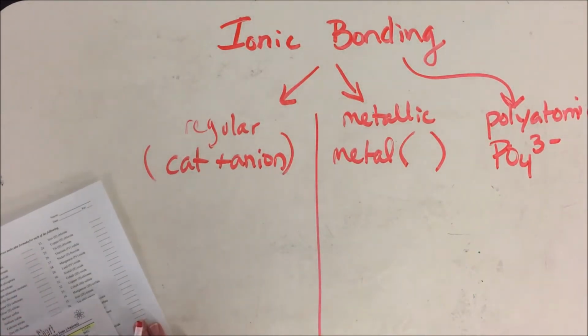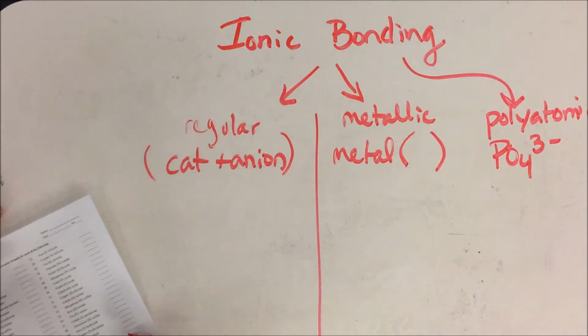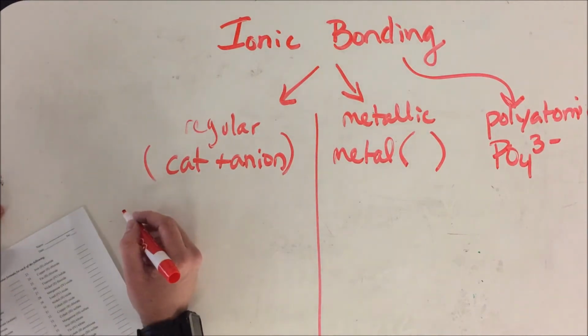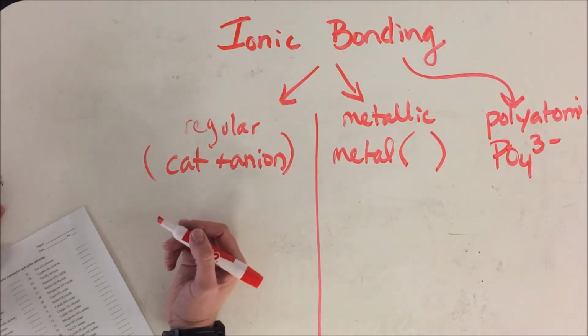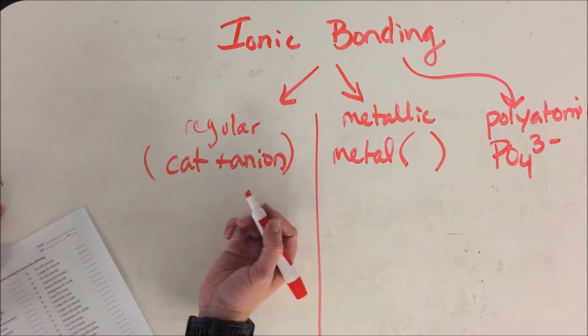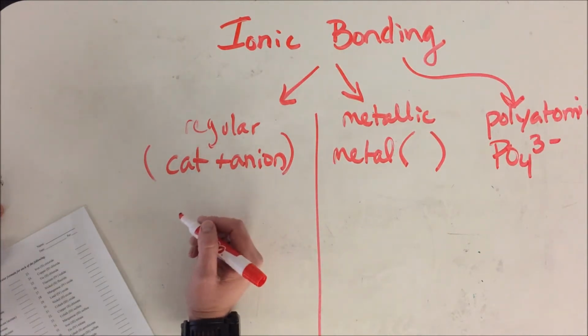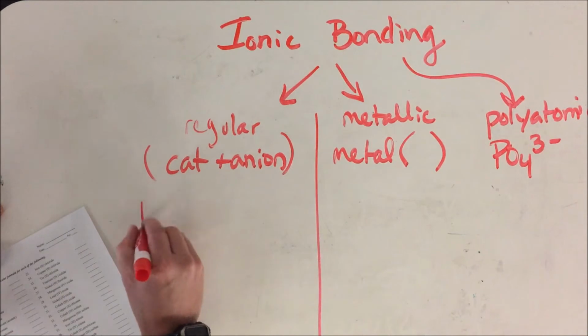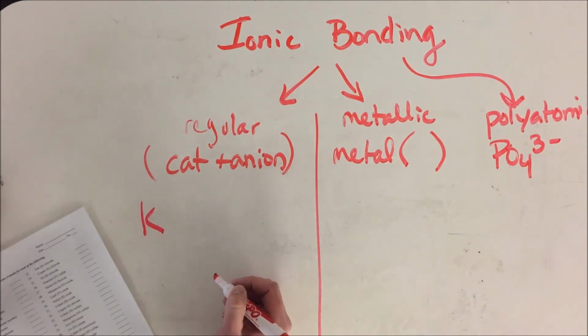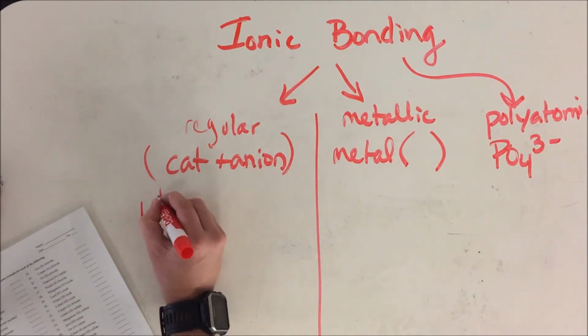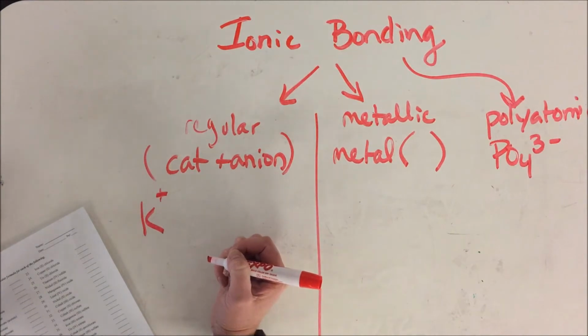In regular or monatomic ionic bonding, we take the cation and bond that with the anion. For example, something like potassium, K. We check the charge, so that's K+ for its ion, the potassium ion.